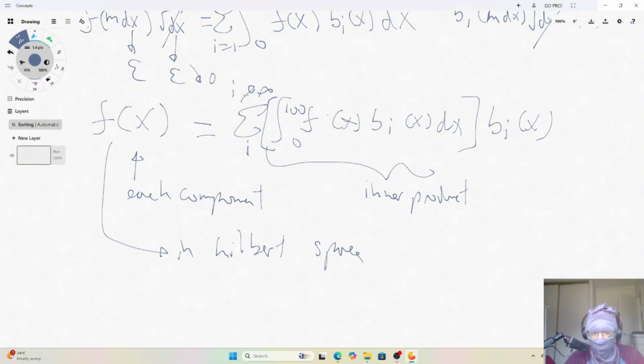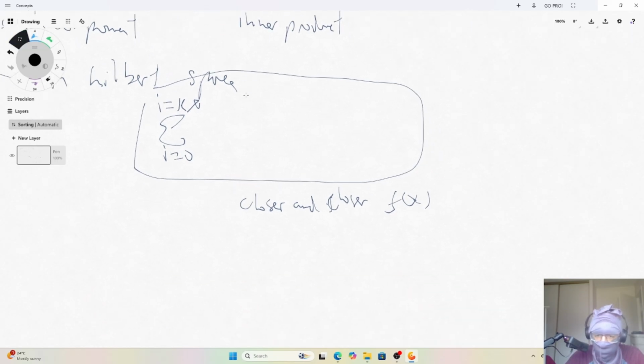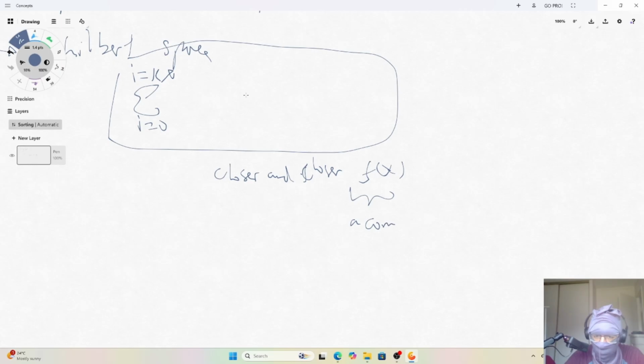And you will see that as you take a sum here, from i equals 0 to i equals K, and as K increases, this part here will get closer and closer to f(x), which in vector language is just a component at x equals i dx, or i epsilon.